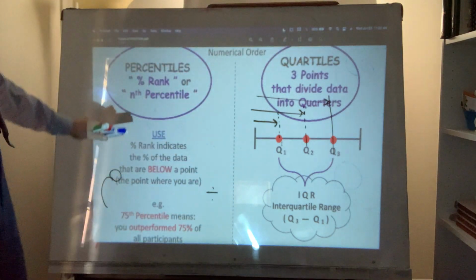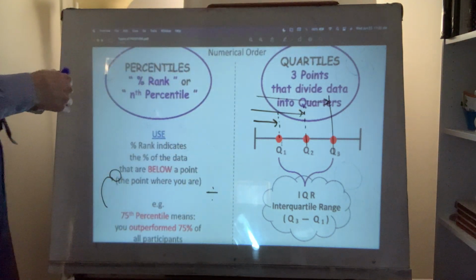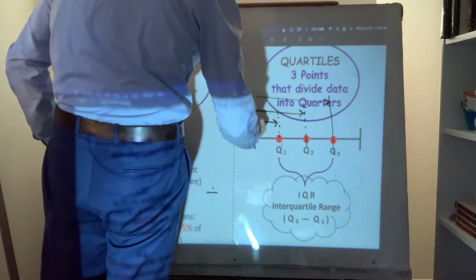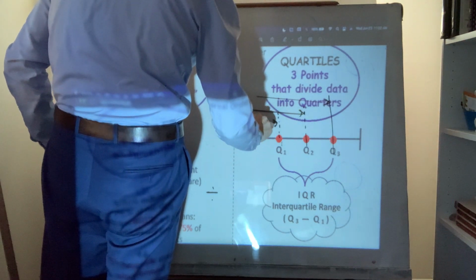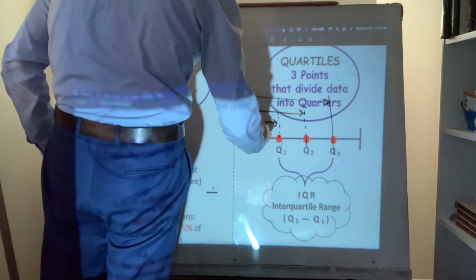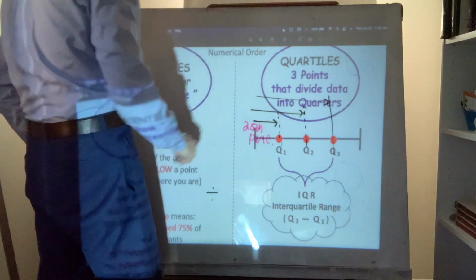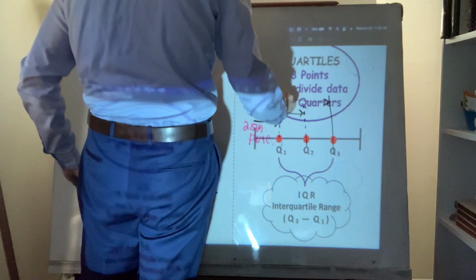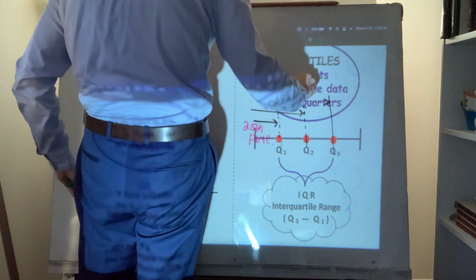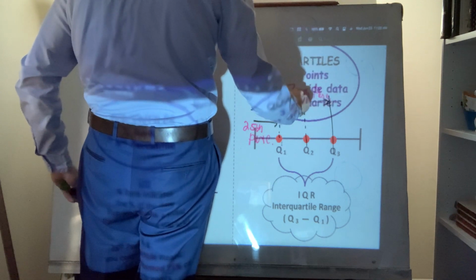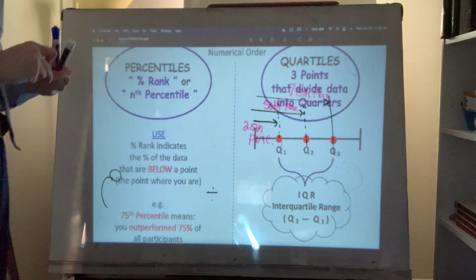In theory, just to compare it back to this, the 25th percentile would exist from here to here, the 50th percentile would exist from here to here, and the 75th would be from here to here, in your data.